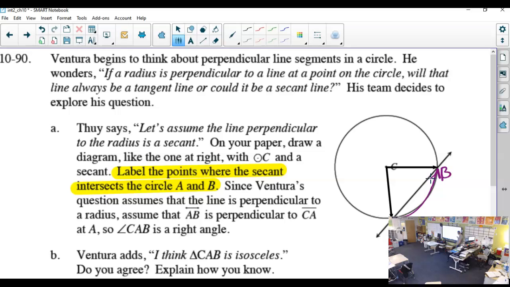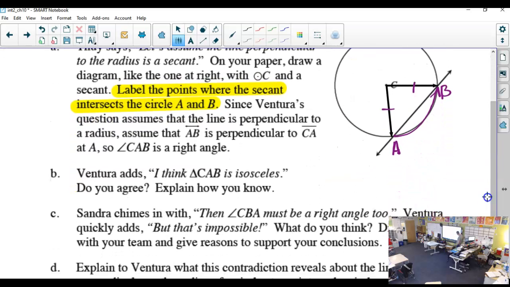Why would that be true? Oh, because CA and CB have to be radii, because any line from the center to the edge is a radius. And then you can just fold the triangle in half to find the perpendicular bisector. Okay. So CBA must be a right angle, she says.